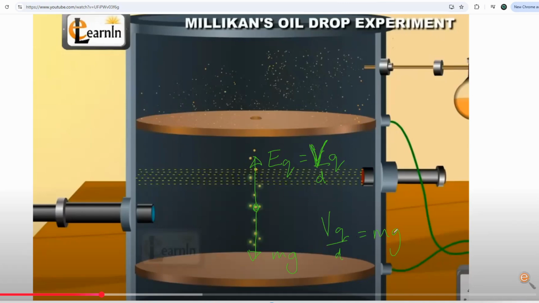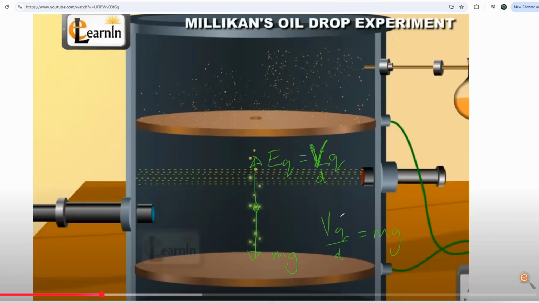So you get the velocity, then you flick on the potential difference and you stop the particle, and then you have to turn it back down again because otherwise it will drift back the other way. When your particle is stopped, you can do VQ over d is equal to mg. But we know what m is, which means that we can then get Q. That was the whole point of this experiment.